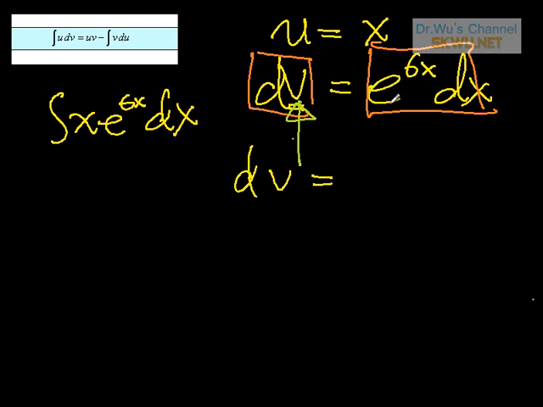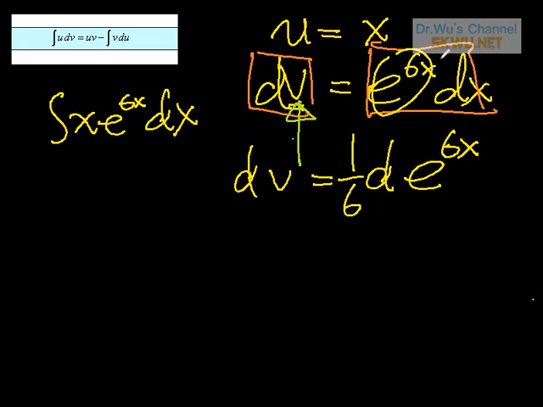We know this e to the 6x can move behind the d. It would be e to the power 6x times 1 over 6, because when we integrate this part, we can move it behind the d and replace the x.